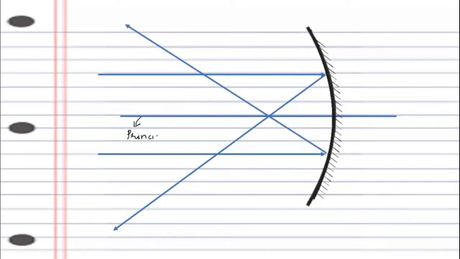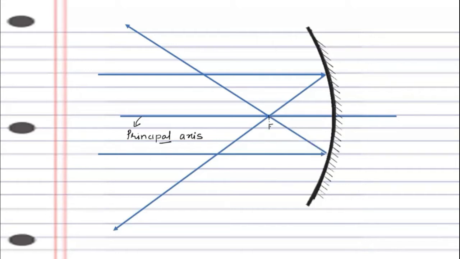And where those rays meet, they meet on this line, which is called the principal axis. We know x-axis and y-axis, but this is called the principal axis. Look at the spelling, principal. And the point where they meet is called the principal focus.